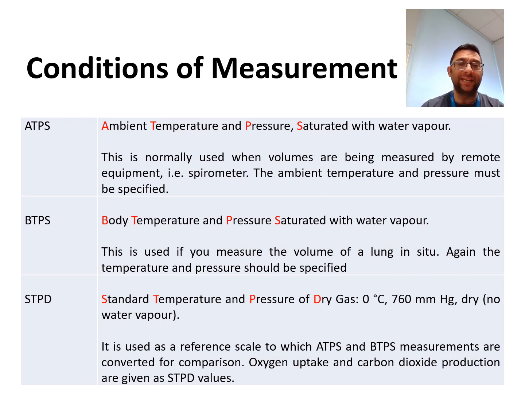So the STPD is simply a conversion measurement that takes into account the ATPS and BTPS water vapor values. So the standard temperature and pressure of a dry gas is 0 degrees, 760 millimeters of mercury. Okay, that is a dry gas at sea level.